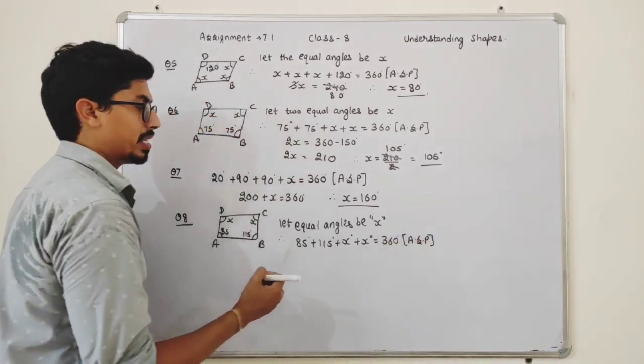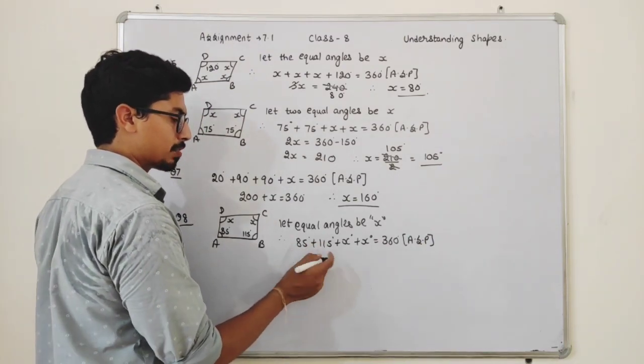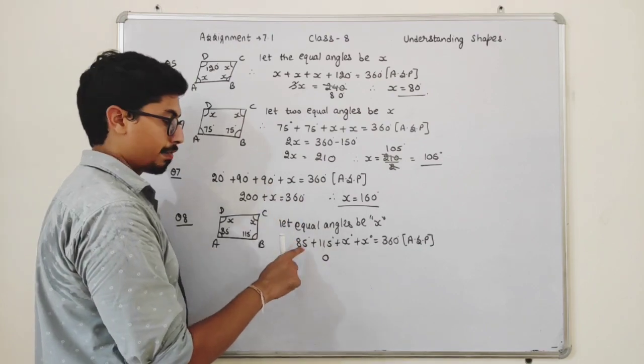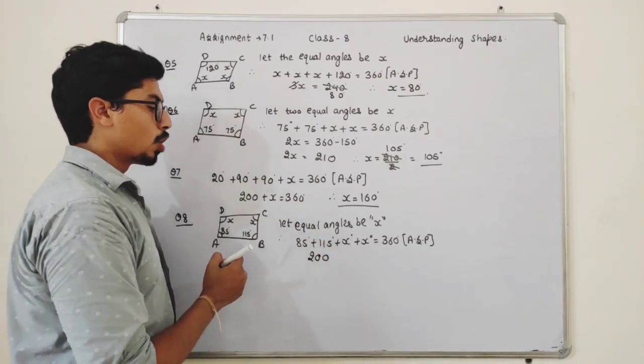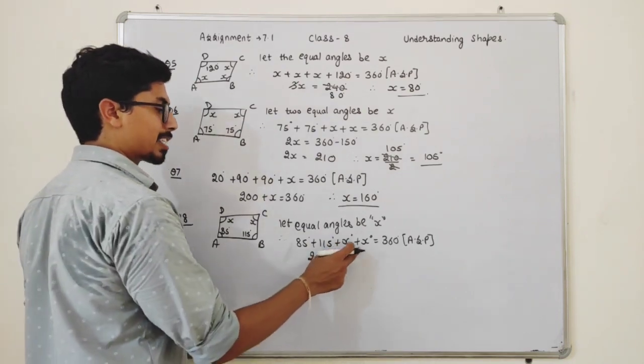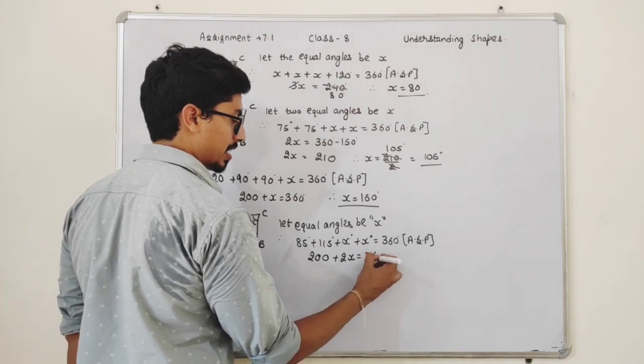If I just add them, 5 plus 5 is 10, 1, 8, 1, 9 and 10, it will be 200 degrees. x plus x is 2x, it will be 360.